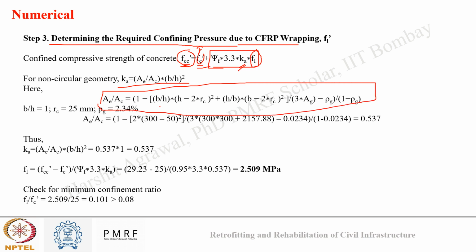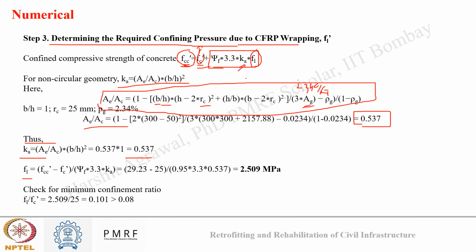Substituting all the values, we know b, we know h, we know rc, we know rho g, that is 2.34 percentage of longitudinal reinforcement, and gross area of concrete 300 into 300. So Ae by Ac will come out to be 0.537, and by this we can calculate ka. Once we know ka, we can calculate fl.